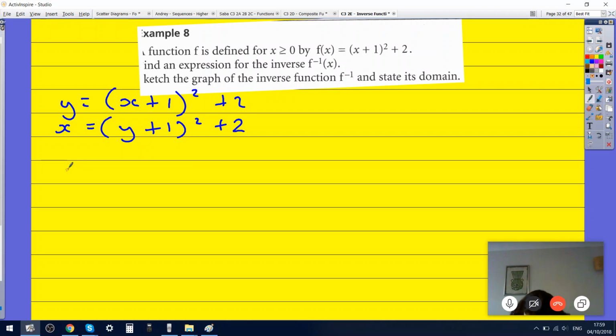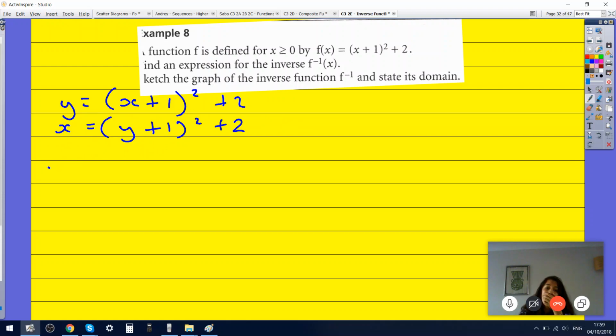Oh wait, no. So we square root of... Sure, yeah. Square root x gives you y plus 1 plus 2. So square root x minus 3. Nope. If you were to square root both sides, it would be root of the bracket and the plus 2. So you would have to make the square bracket the subject first, and then square root.